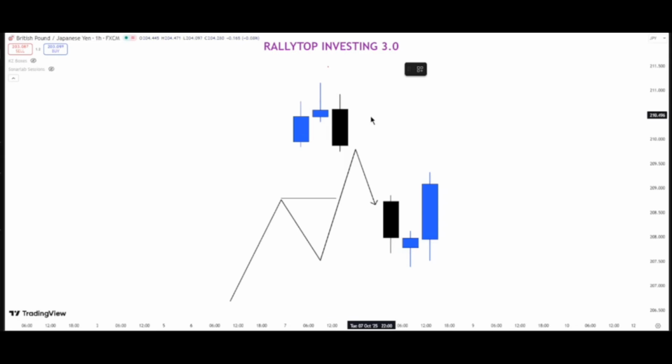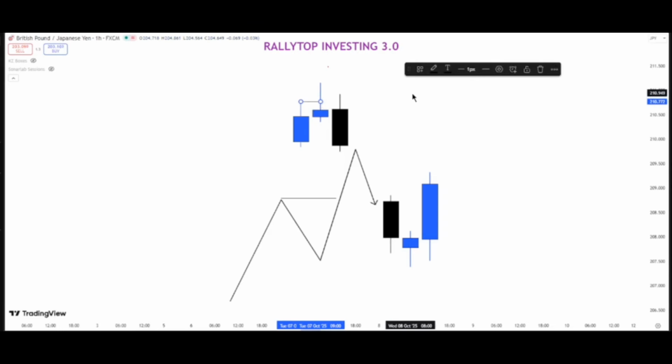Number 1 rule is that the second candle, remember this is candle number 1, candle number 2, and candle number 3, you want to wait for the second candle, which will print the highest high, to take out the high of the previous 1H candle with a candle wick, not with a candle closure.